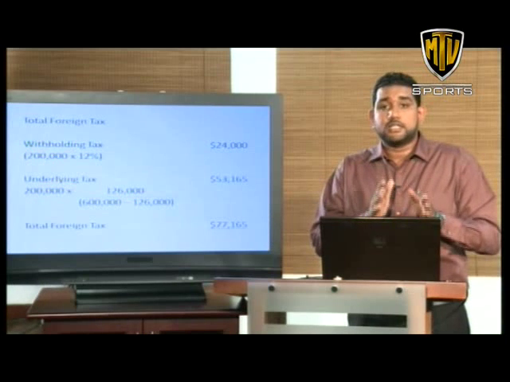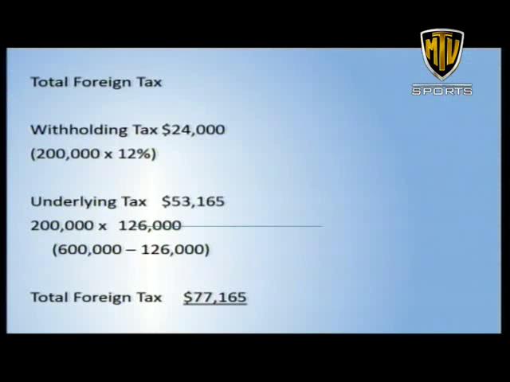So from the 600,000, we've got to deduct the income tax element of 126,000, then only are we getting the profit after tax. So considering all three, the gross dividend of 200,000, 126,000 income tax, and the profit after tax, we will end up with an underlying tax element of 53,165.